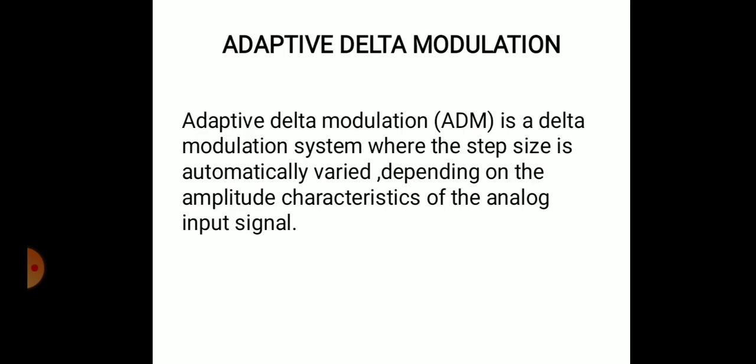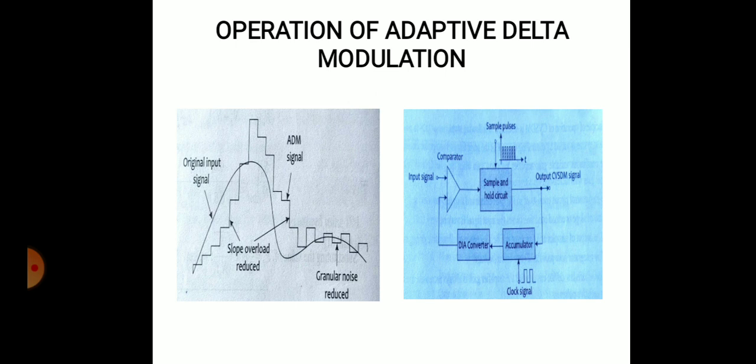Next one is adaptive delta modulation. Basically, adaptive delta modulation is a delta modulation system where the step size is automatically varied depending on the amplitude characteristic of the analog input signal. So you can see the waveforms and the circuit block diagram of the adaptive delta modulation.